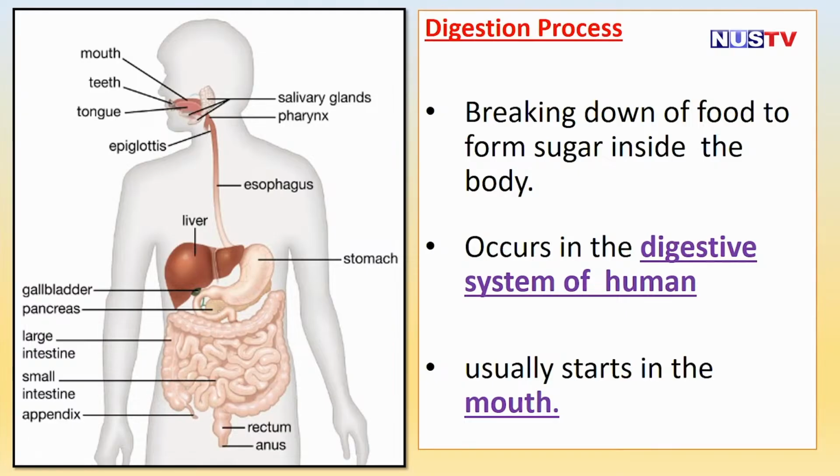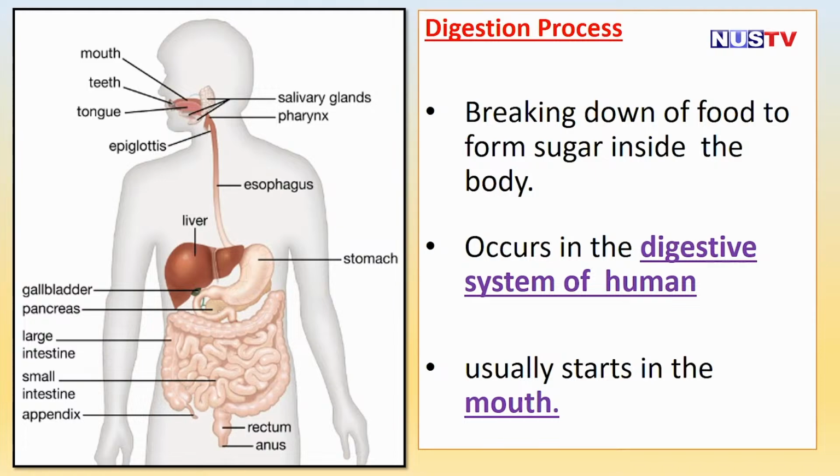So here we are. The digestion process is the breaking down of food to form sugar inside the body. Remember, the starch inside the carbohydrates cannot be absorbed by our body due to its largest particles.